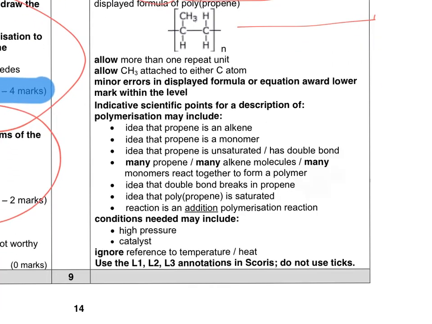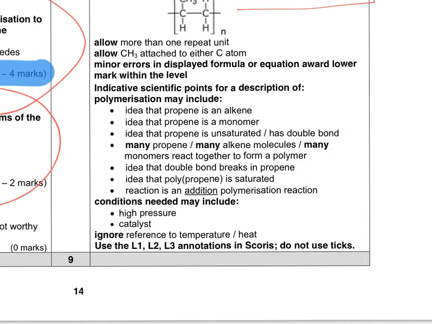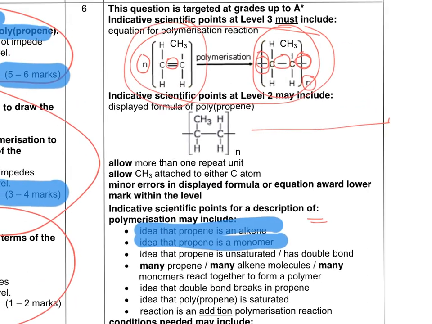The other things they're looking for are down here. All right? They are looking for the idea that propene is an alkene, the idea that propene is a monomer for the polymer. Okay, remember alkenes are the hydrocarbons with a double bond in the middle, and they're the only ones that become polymers because they're the only ones that these bonds can come out. So this double bond has come out to form these.